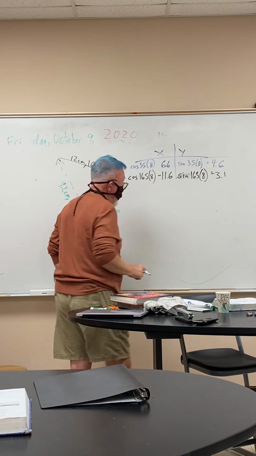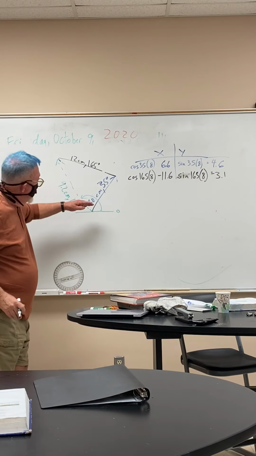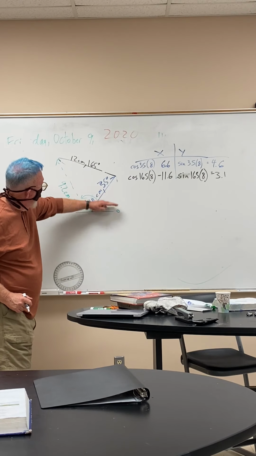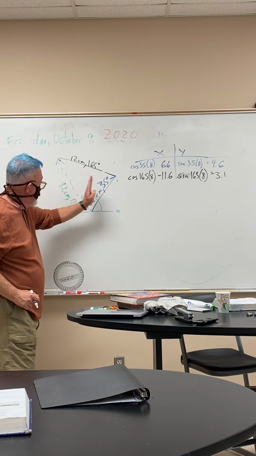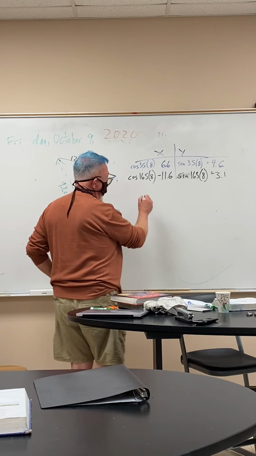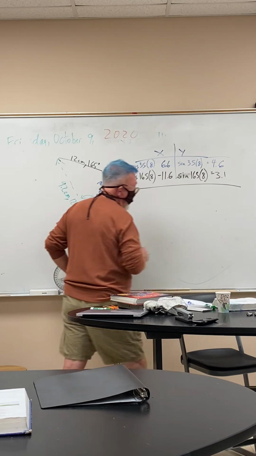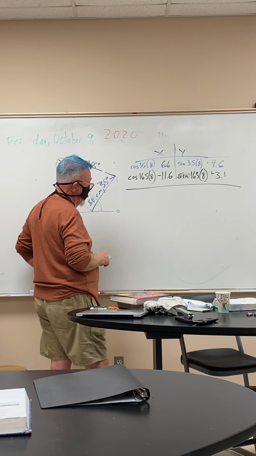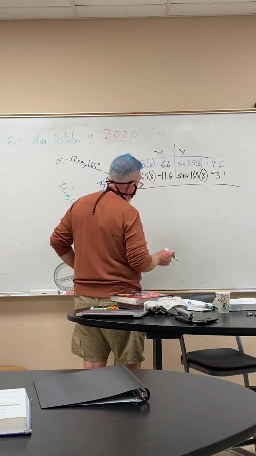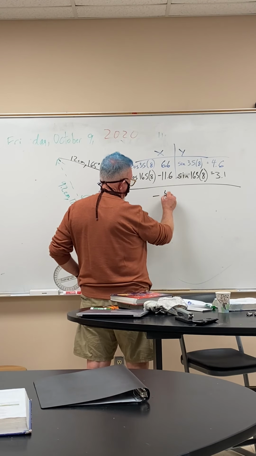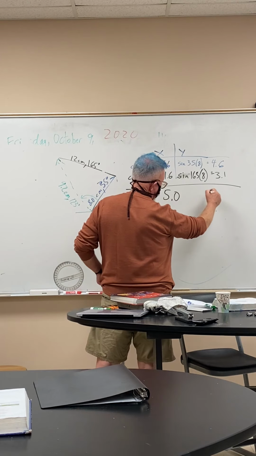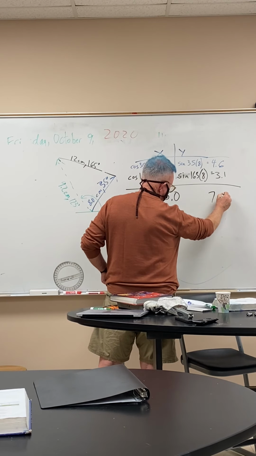Cool. So now we've got the x components of both vectors, and we've got the y components of both vectors. If we add them, we get the resultant vector. So this is negative 5.0 and this is 7.7.